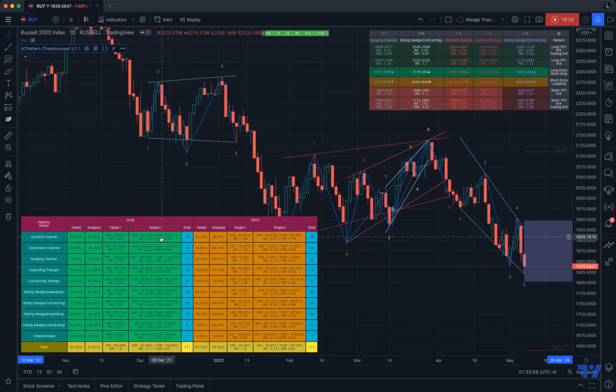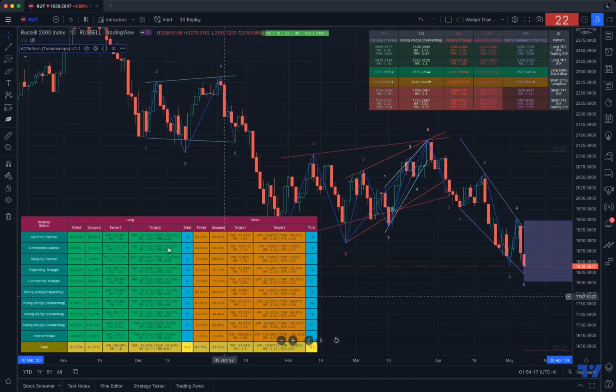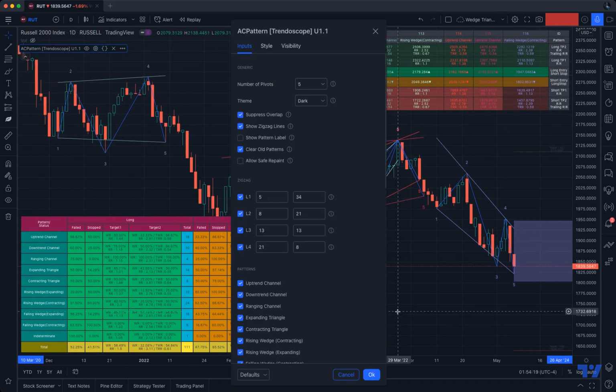Trailing target, trailing win rate, and trailing risk reward are only there for target two, because it's only applicable for target two. Right, that's all about the stats. Overall, this number will always match with this, and look at that.